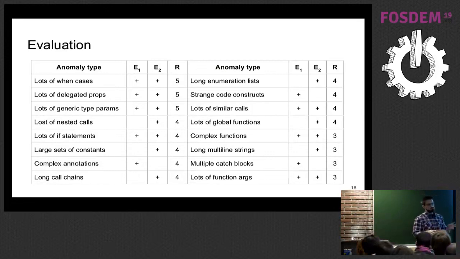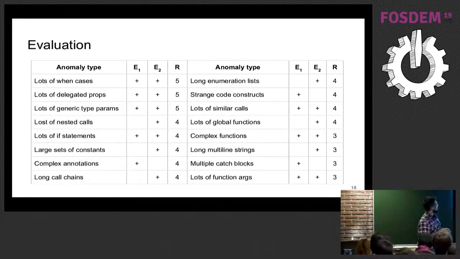We looked them through and manually labeled them. We got 23 types. We created a simple web interface that allowed Kotlin team developers to rank these anomalies one by one from 1 to 5. And 12 out of 23 types were considered very useful, meaning rank 4 and 5.